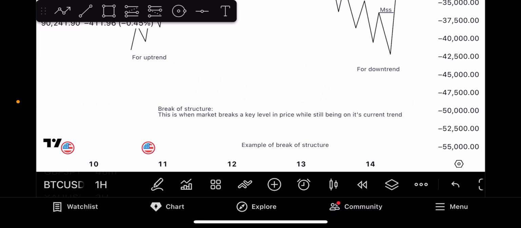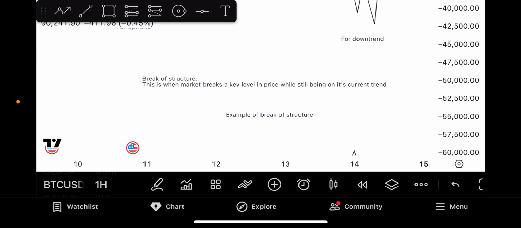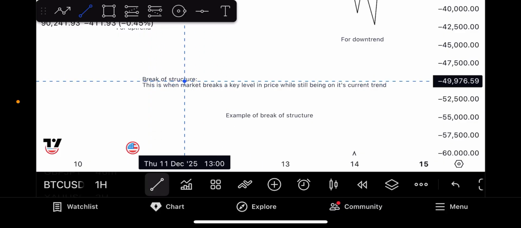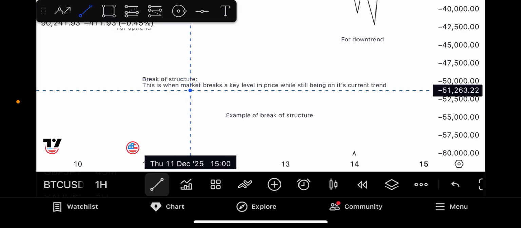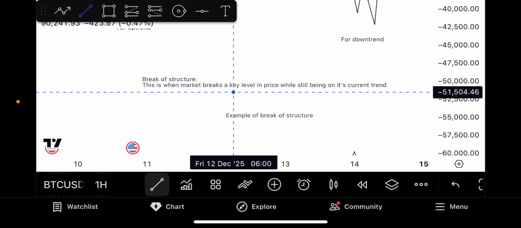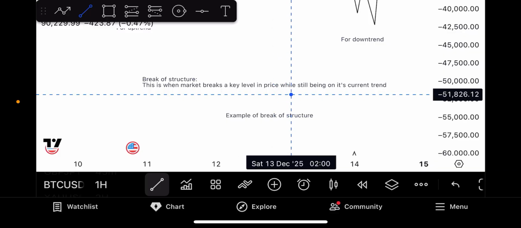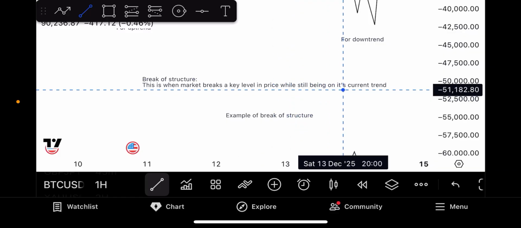I will move on to break of structure, which is the other thing I look out for when trading the market structure part of this strategy. Break of structure is when the market breaks a key level in price while still being on its current trend.